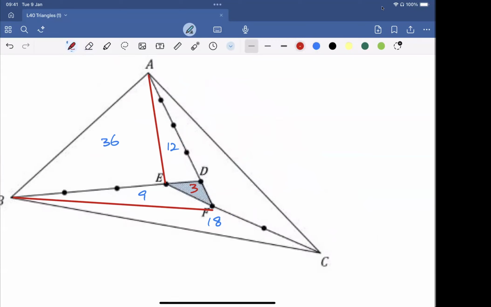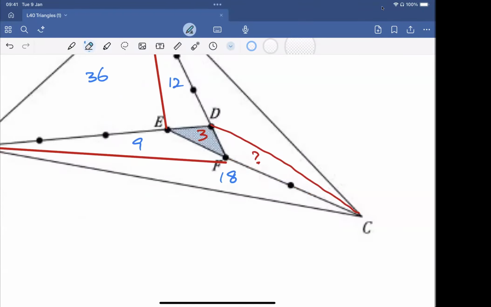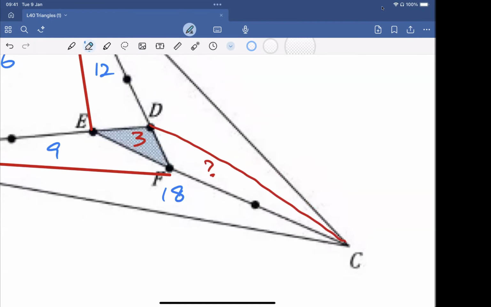Number 1, you can draw a line here. Then you can compare this triangle and this triangle, right? So if that's the case, then what's the area here? What is the area here? Sorry?